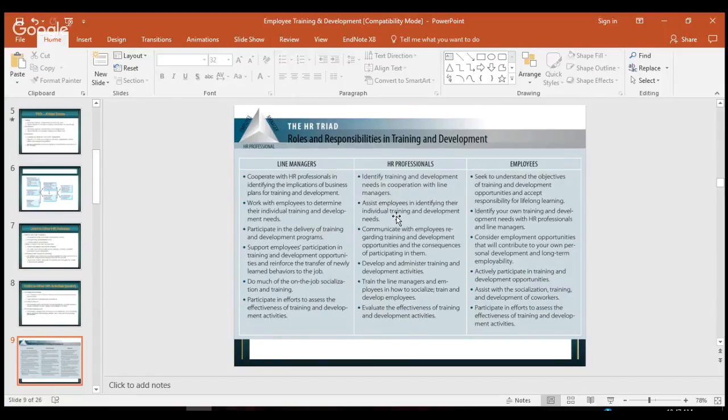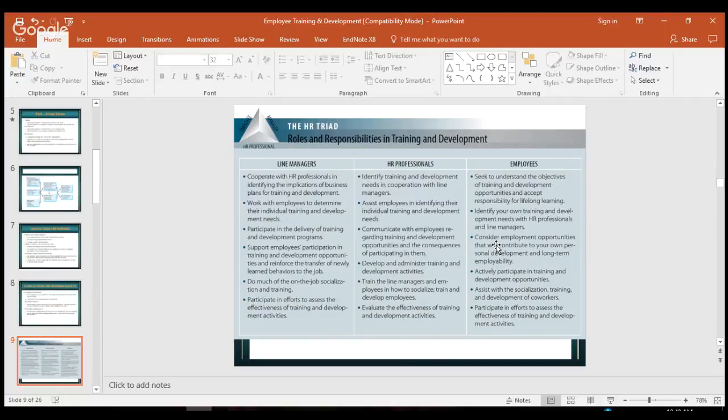Now, who owns training and development? It's shared, but in the end, the employee has to take responsibility for his or her learning initiatives. And as an employee, we have to seek to understand the objectives of whatever training opportunities exist and how well they match with what we are trying to do as an employee. We have to identify our own training development needs and be able to communicate that with our HR business partners and other leaders within the organization.